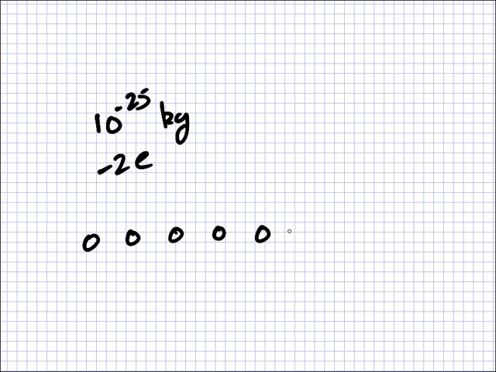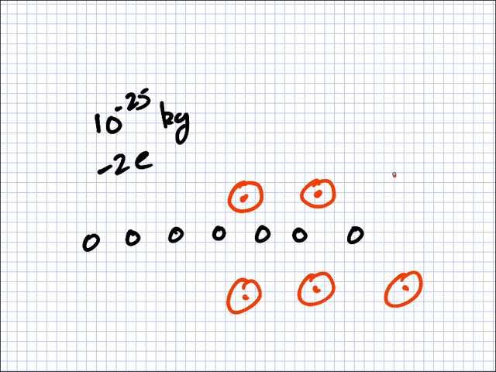A particle of mass 10 to the minus 25 kilograms and charge of minus 2e enters a magnetic field. The field density is 750 millitesla.